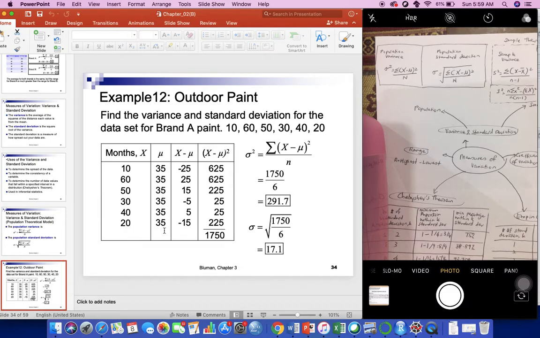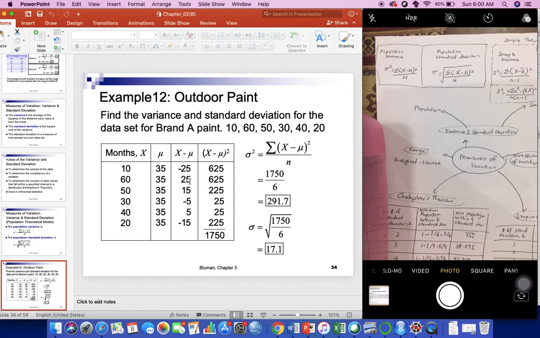To find the variance, you need to take X minus the mean for each month. 10 minus 35, you will get negative 25. Then you need to find the power of 2. Negative 25 to the power of 2, you will get 625.